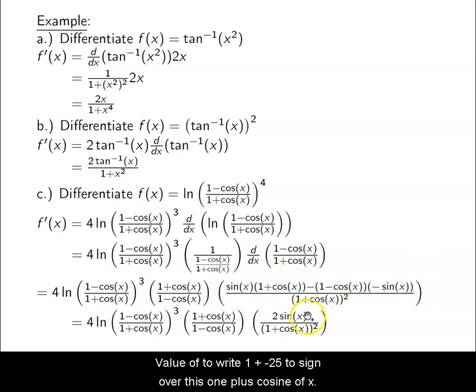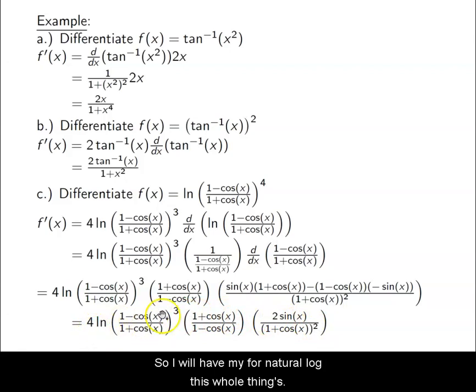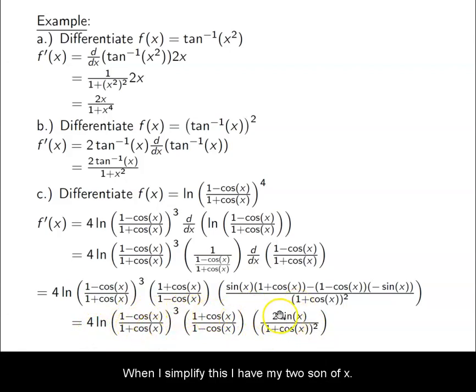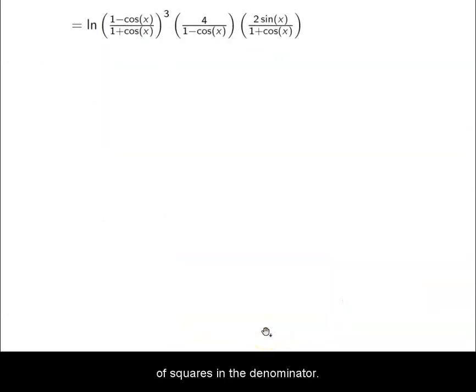So I have 2 sine over this 1 plus cosine of x, this whole thing being squared. Then notice here I have 1 on top and 1 on the bottom, so I actually get to cancel this 1 on top. So I will have my 4 natural log, this whole thing to the 3. When I simplify this, I'll have my 2 sine of x, I have 1 minus cosine, and I'll have 1 plus cosine, because this 2 will cancel with the 1 here. So I'll actually have a difference of squares in the denominator.